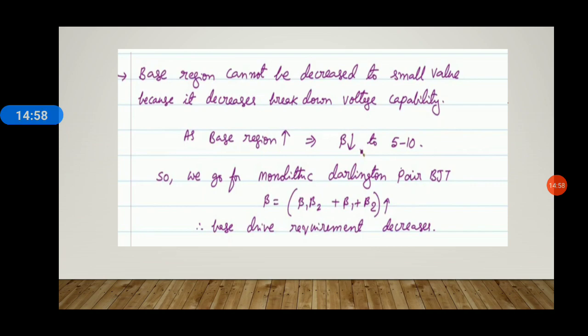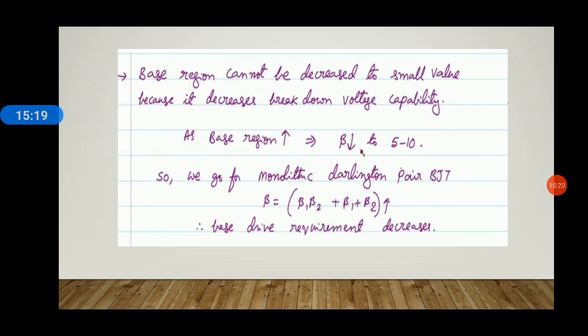Then how do we get a higher beta? So in order to get a higher beta, what we do is we go for a monolithic Darlington pair, where beta is equal to that of the Darlington pair.